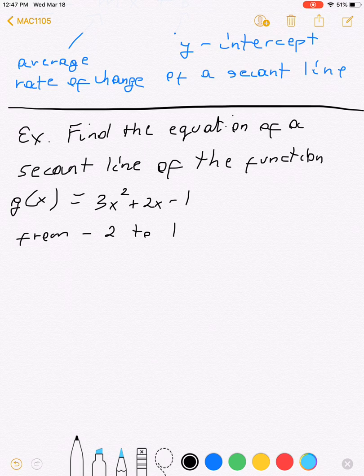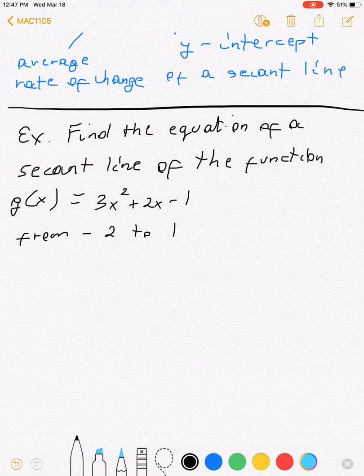So we're going to find the equation of the straight line, which we call a secant line. When I draw it by the end, we'll see that it's just a straight line which intersects our quadratic function. So how are we going to do it?